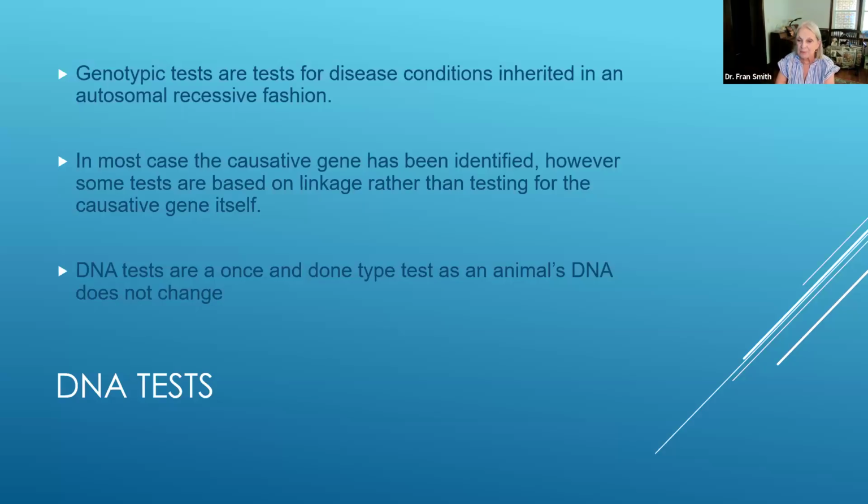However, there are modifiers with that particular disease. So a dog that has both copies of the DM gene may not live long enough to ever have problems with its rear end. And that's confusing for breeds that have a lot of DM in their pedigree.